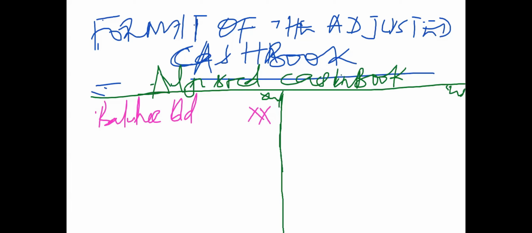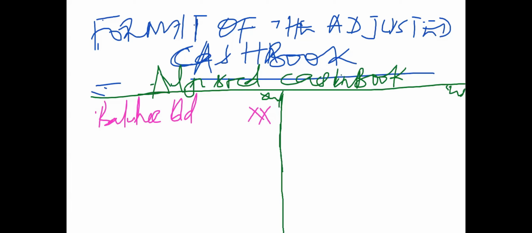Therefore, the things that were supposed to be debited to the cash book that were not debited, you'll come and debit them here. And also the factors that were supposed to be credited to the cash book and were not credited, you can come and credit them here.